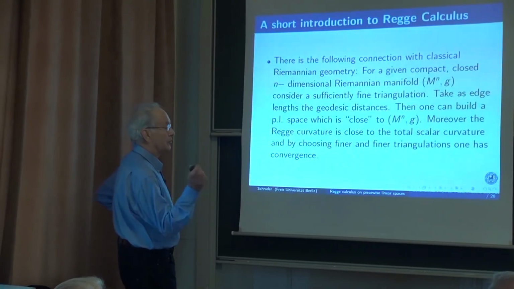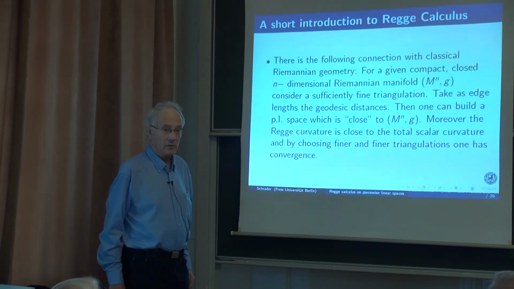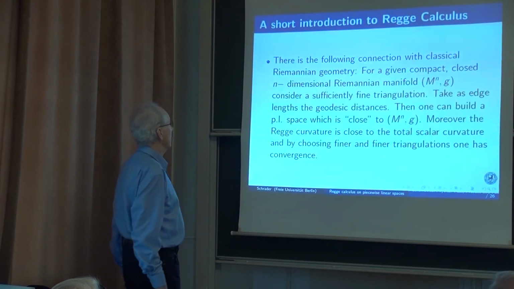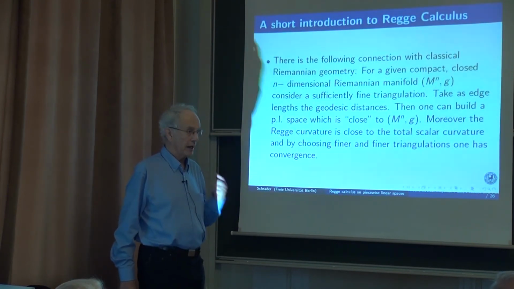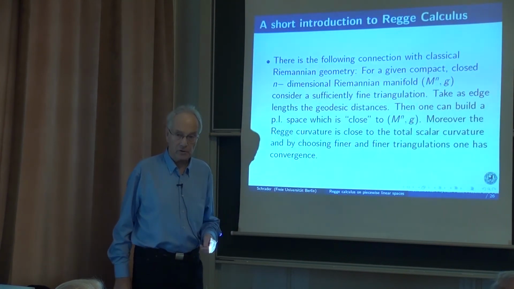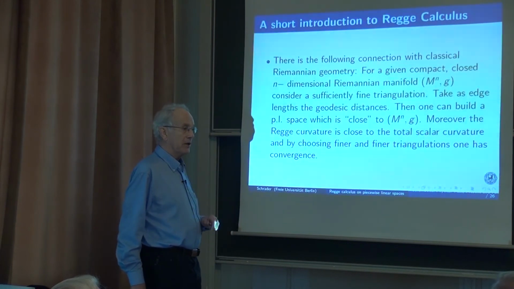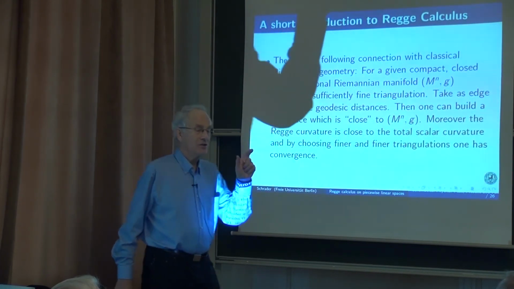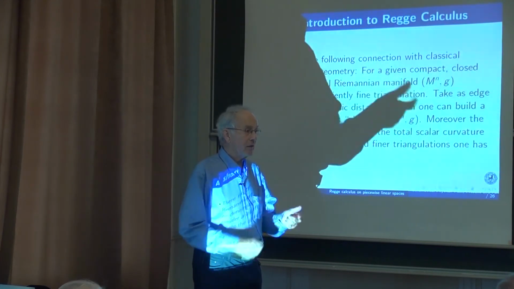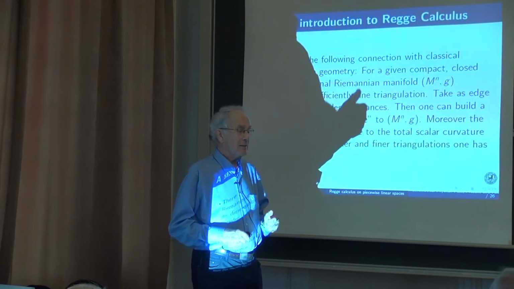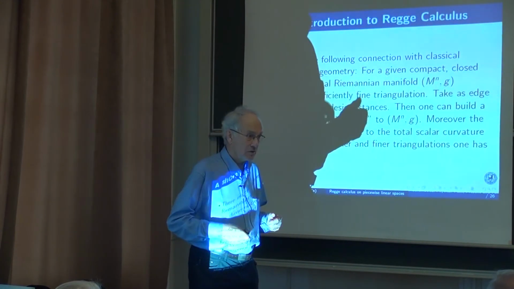You give a compact, for simplicity closed, n-dimensional Riemannian manifold with a metric. And you consider a sufficiently fine triangulation. You triangulate this manifold, this you can do. And then you associate to the edges of this triangulation the geodesic distance. If you do this cleverly, you can realize Euclidean simplices, the higher dimension simplices.